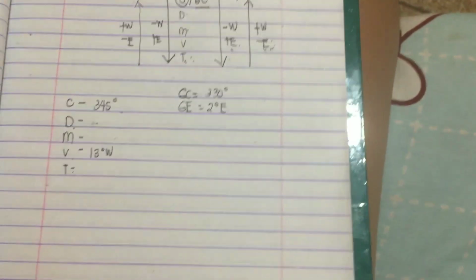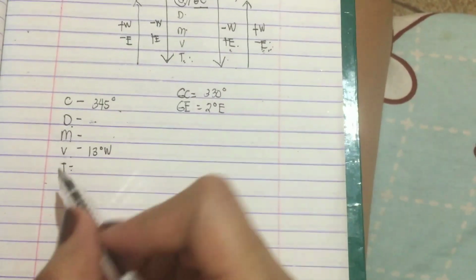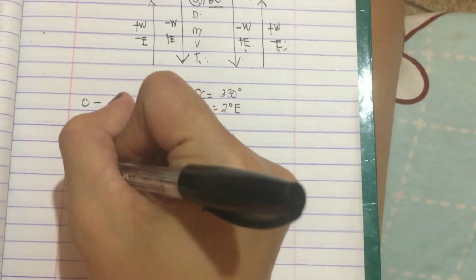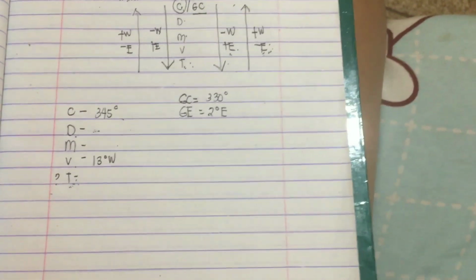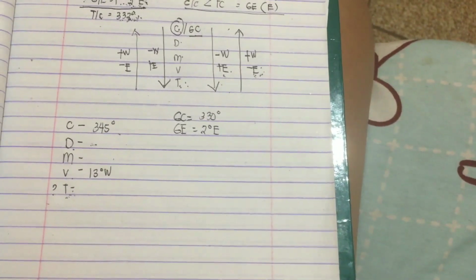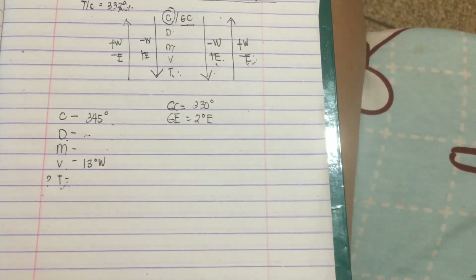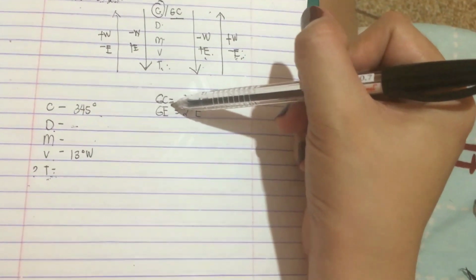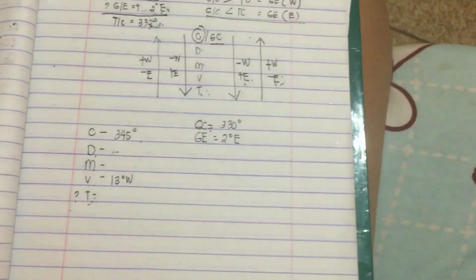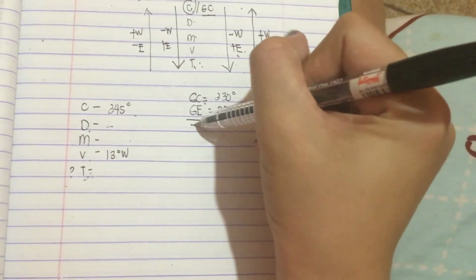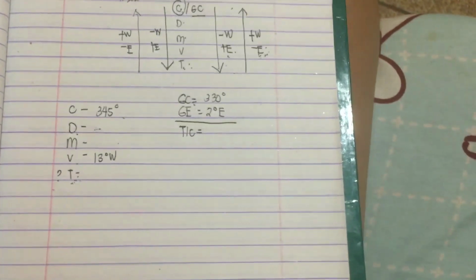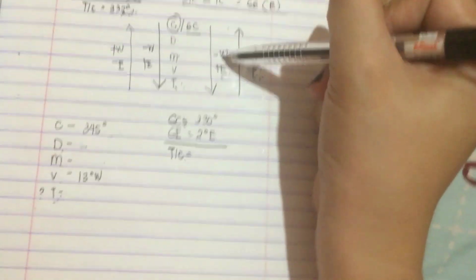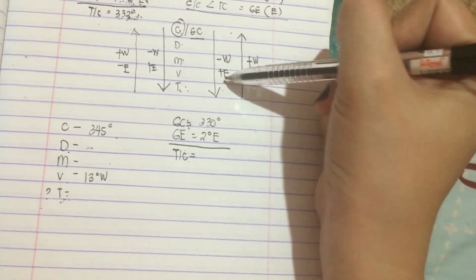Okay, so the first thing to do is let us try to find the true course. As I have said earlier, in order for us to find the true course, we may use the given gyro course and the given gyro error. Gyro course to true course is subtract westerly and add easterly.